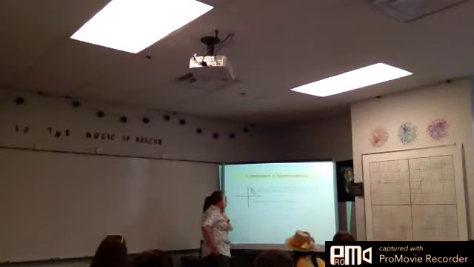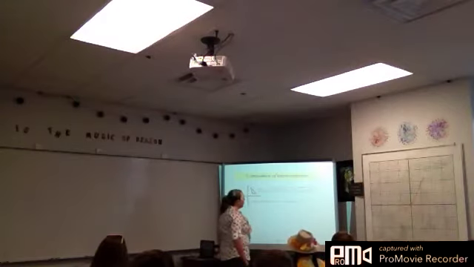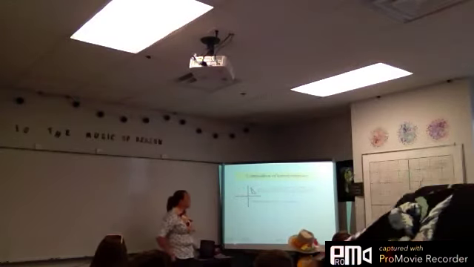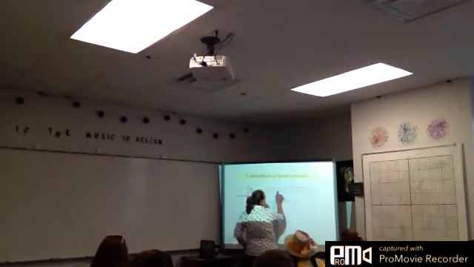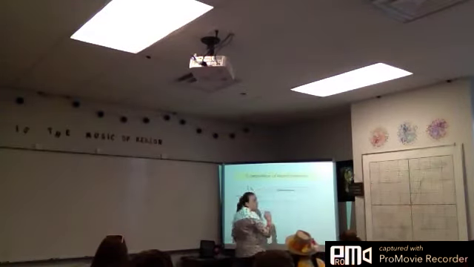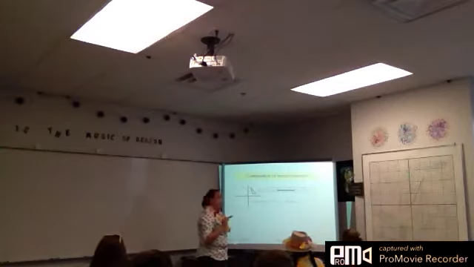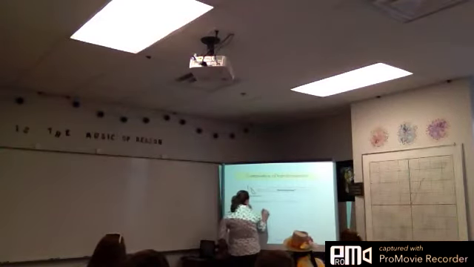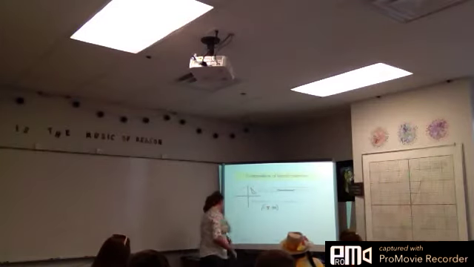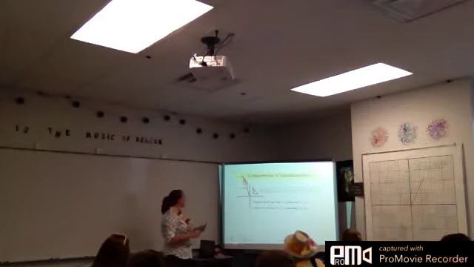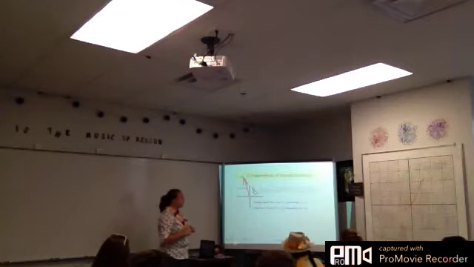If it gets twice as big, what does that mean my new point is? You want to say (-8, 20)? Okay, so let's see if (-8, 20) is our next point. Yes, our next point is (-8, 20).